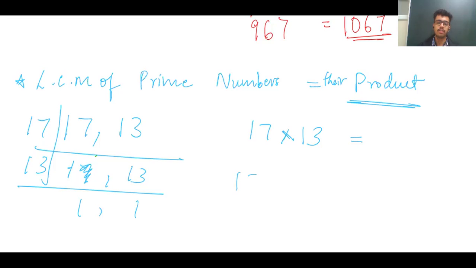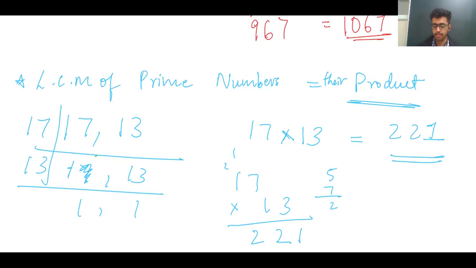Do it. 17 multiplied by 13. 7 times 3 is 21, so 1 and carry 2. Not 361. We're left with 2, 1. 1 into 1 is 1 plus 1 is 2. So it is 221. Okay.